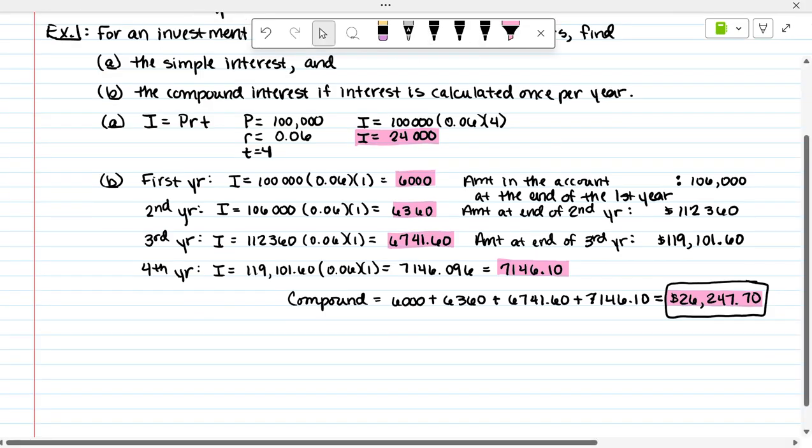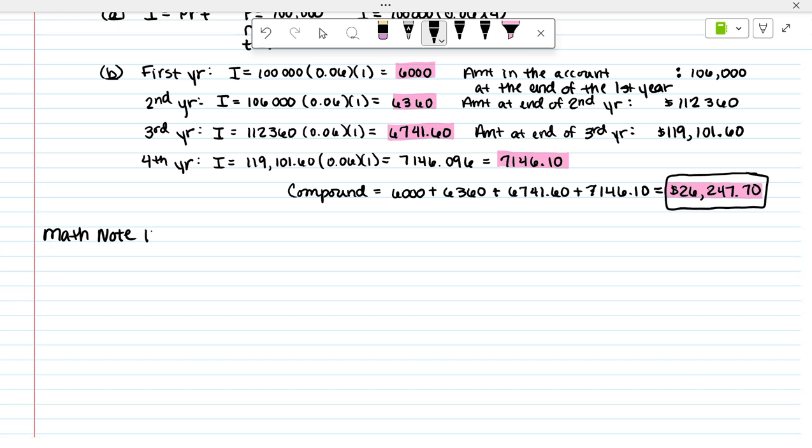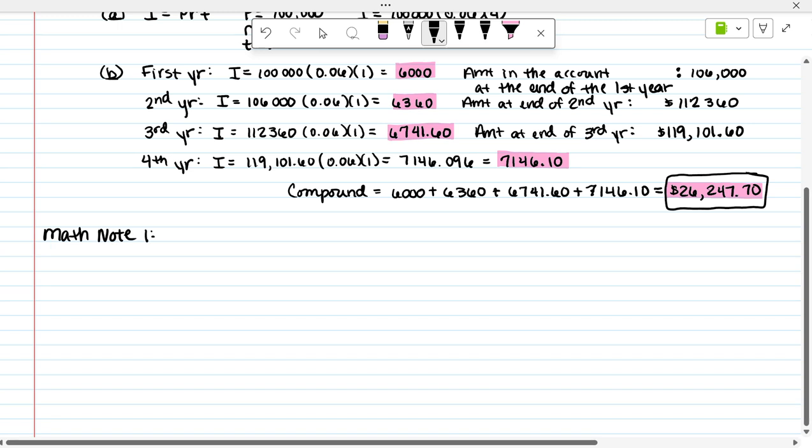All right, we got a couple of math notes that we need to write on here. Okay, the first one being a savings account.